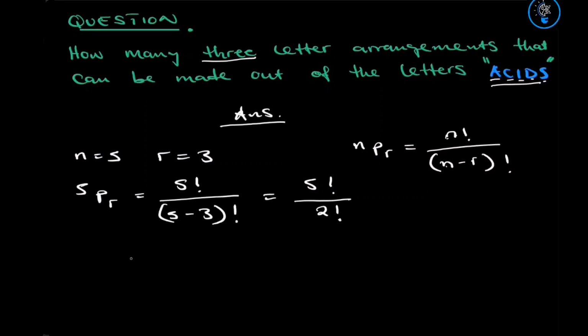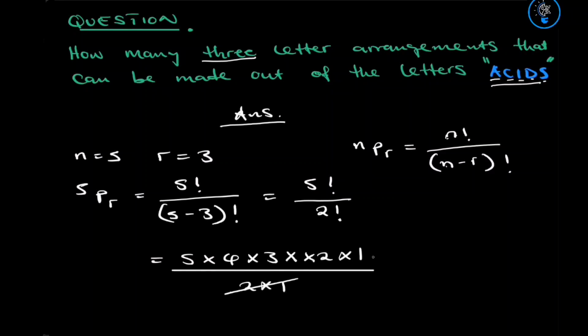Now let's expand it. We know that 5 factorial can be written as 5 times 4 times 3 times 2 times 1, and the denominator can be expanded as 2 times 1. This part and that part can cancel. And we end up with 5 times 4 times 3 divided by 1, but no need of adding that.